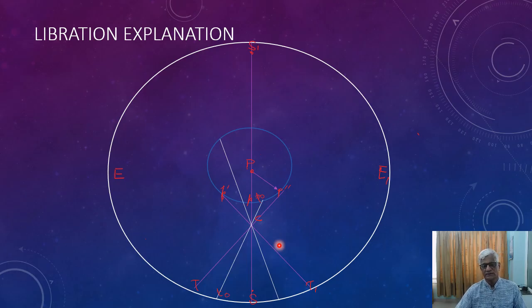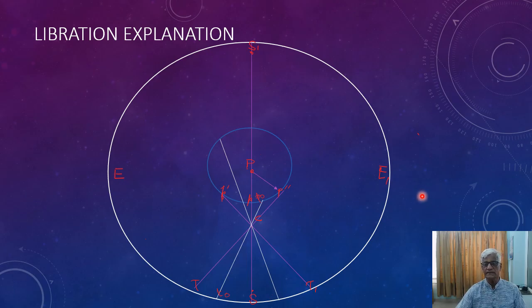Therefore, assuming that the point P moves around the circle within these two limits was considered by the Indian astronomers.